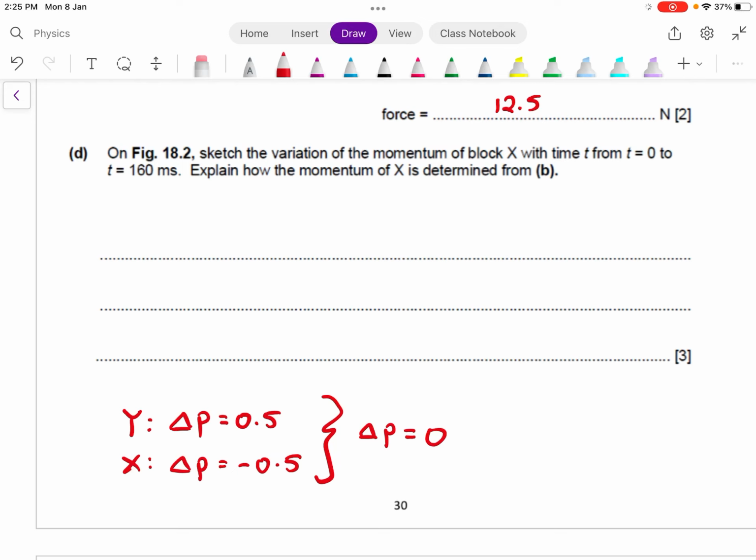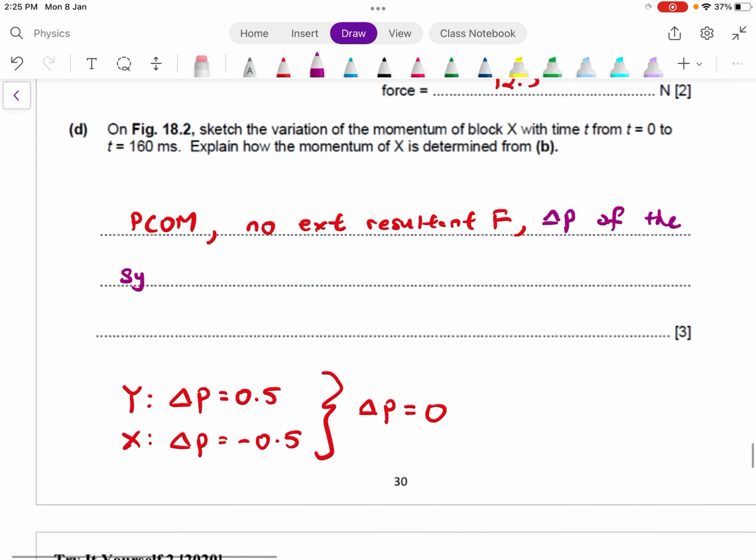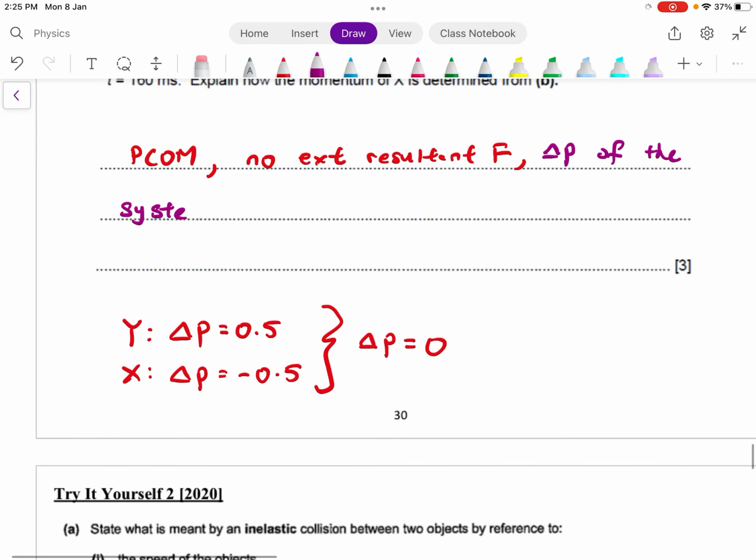So I say that using PCOM, since there's no external resultant force, the change in momentum of the system is equal to 0.